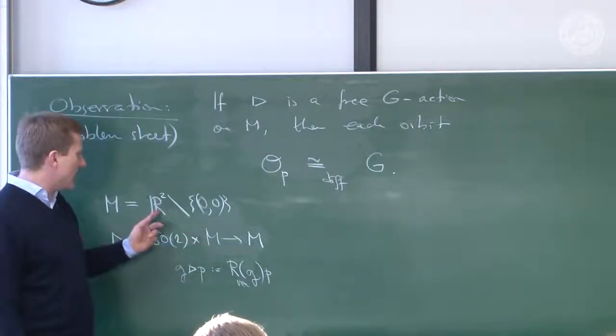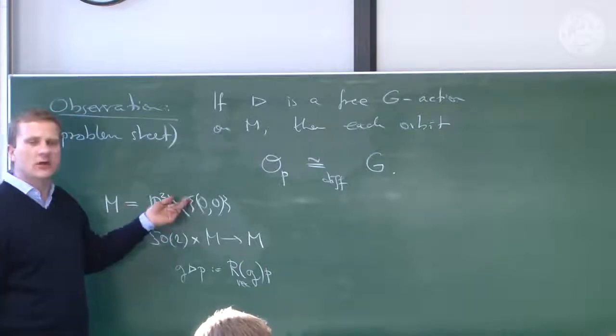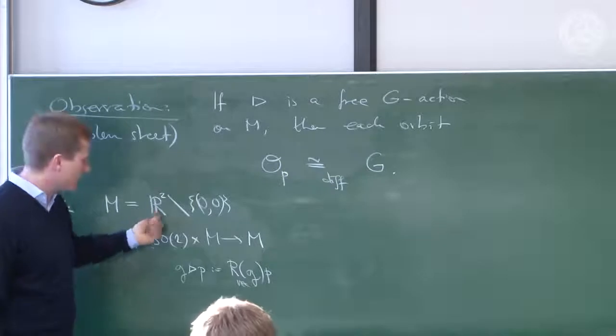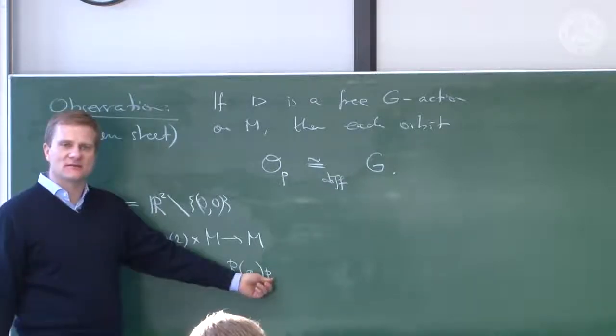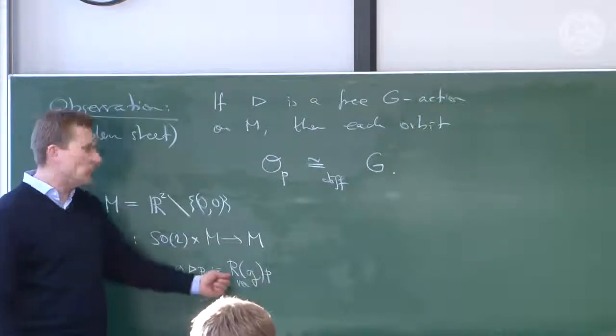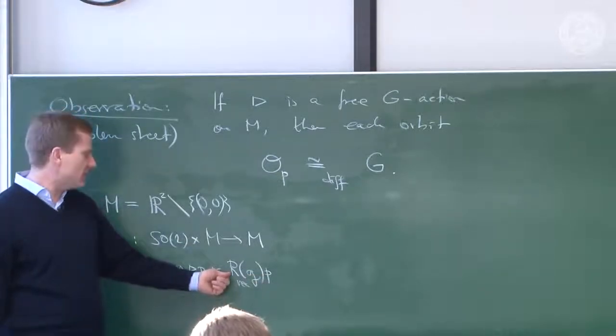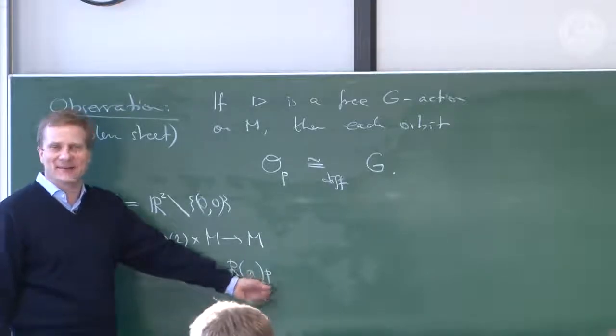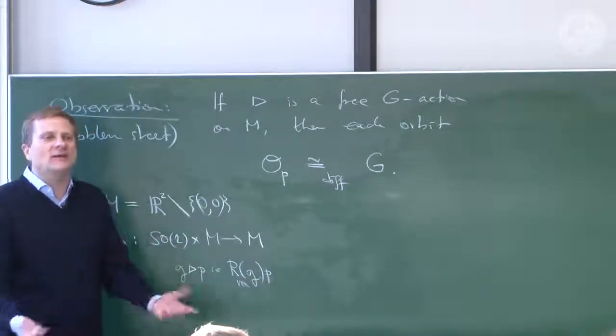But you see, now I took the origin out of this M. So it's no longer a vector space. Of course, I can still act with this on everything, but I just removed the origin. But this is no longer a linear representation because it doesn't act on the full vector space anymore.